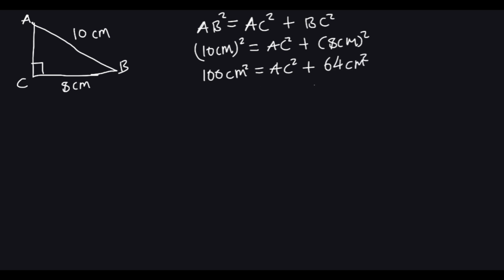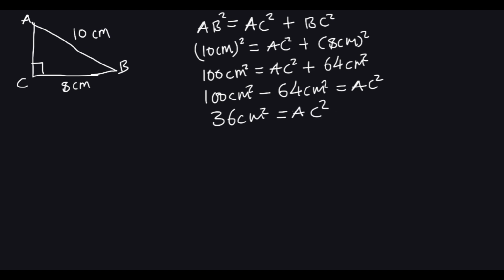So if we collect the like terms, this will give us 100 centimeters squared minus 64 centimeters squared is equal to AC squared. So if we subtract 100 minus 64, that gives us 36 centimeters squared is equal to AC squared. So introduce the square root, also here the square root. AC is equal to 6 centimeters.